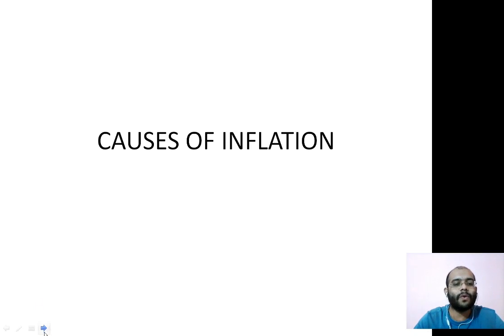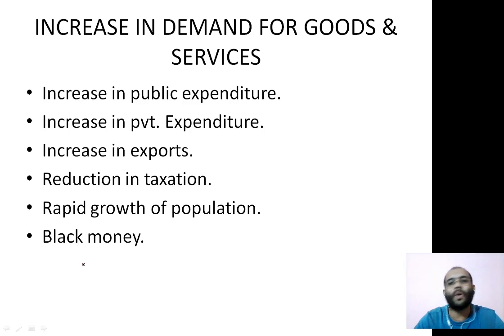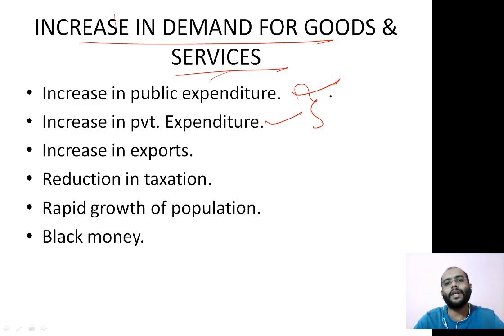Now let's take a look at the various causes of inflation. Inflation is caused due to increase in demand for goods and services, increase in public expenditure. It will increase liquidity in the market. Increase in private expenditure, both will increase liquidity in the market, thereby increasing inflation.